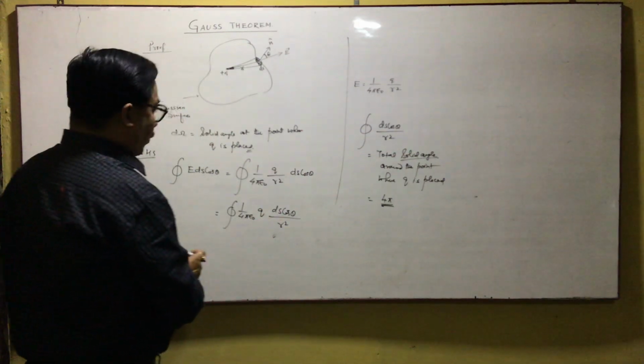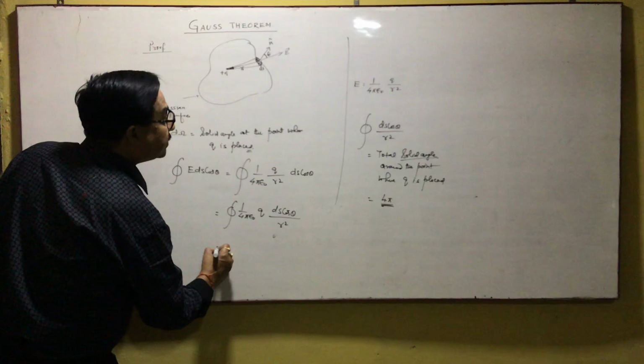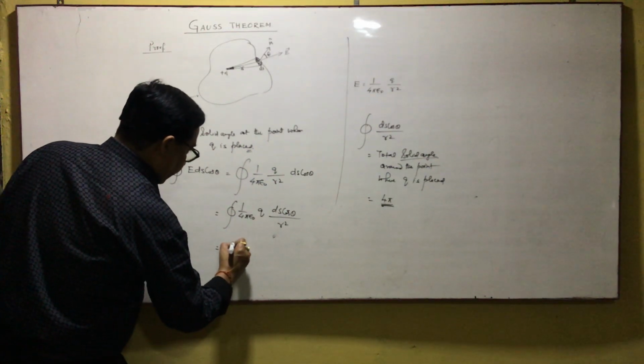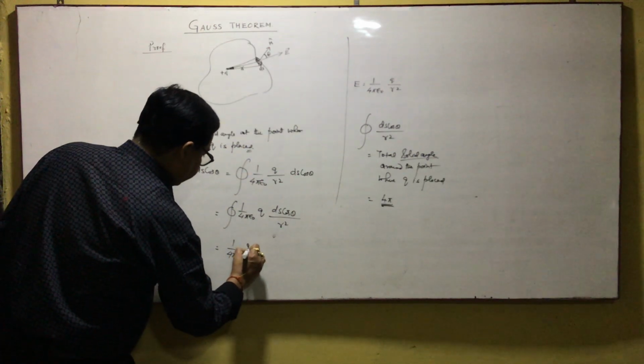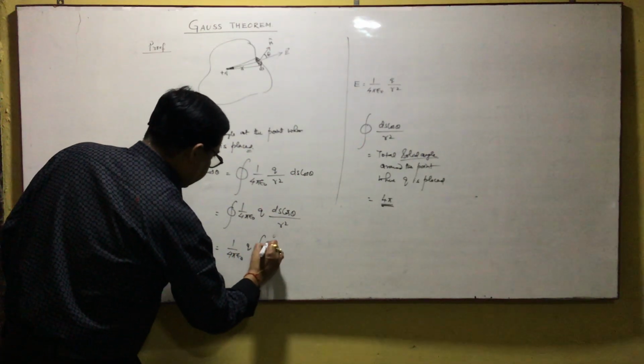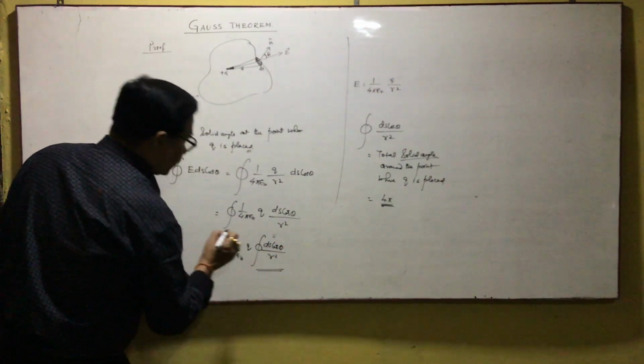Now if we put the value here, this is 1 by 4 pi epsilon naught Q ds cos theta upon R square, and this is the solid angle.